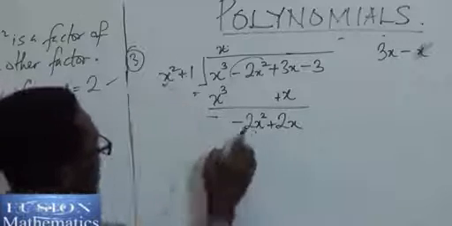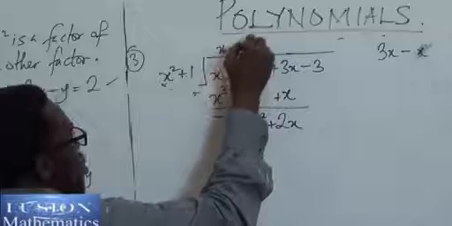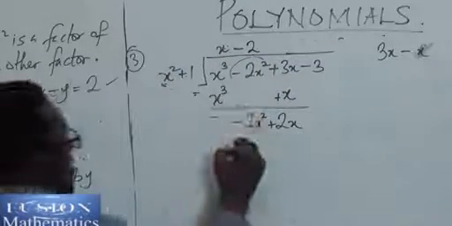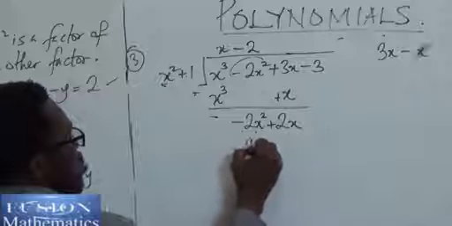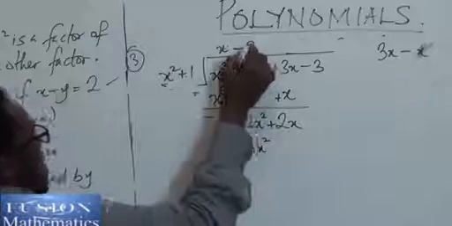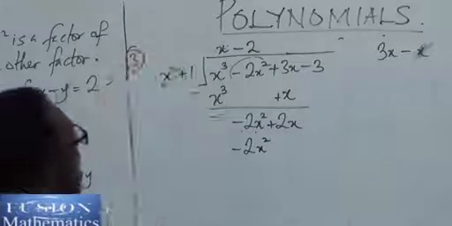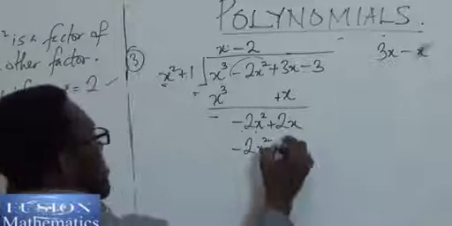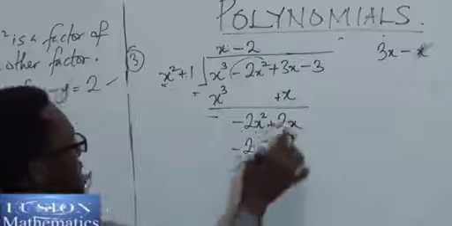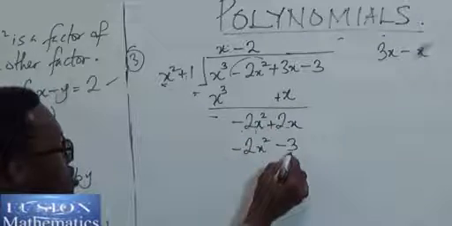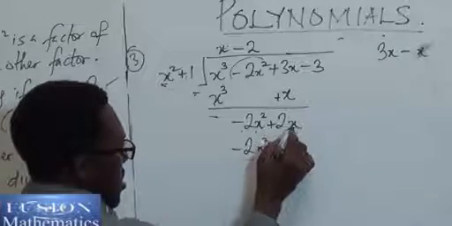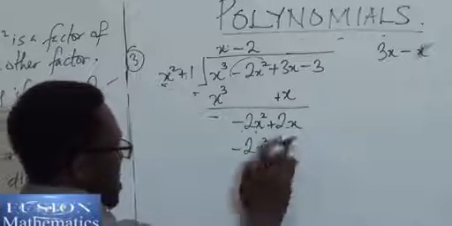X squared goes in minus 2x squared, we go there minus 2. So 2 will multiply this will give us minus 2x squared. Minus 2 times plus 1 will give us minus 2. But this minus 2x squared and these 2x and minus 3 are not like terms.